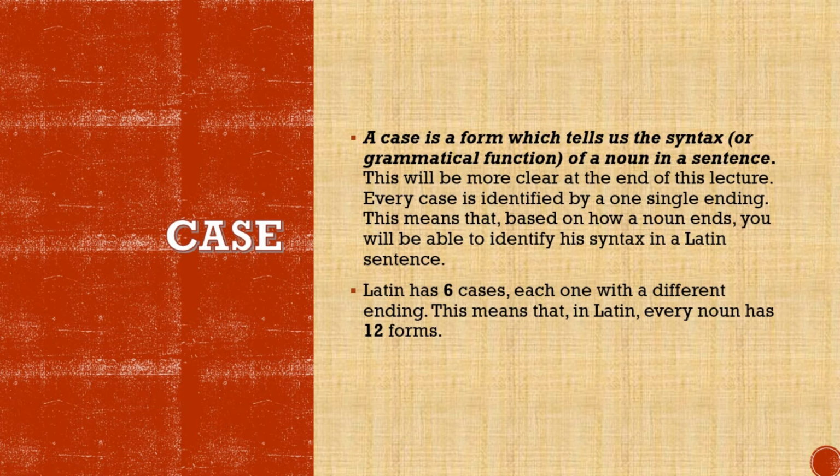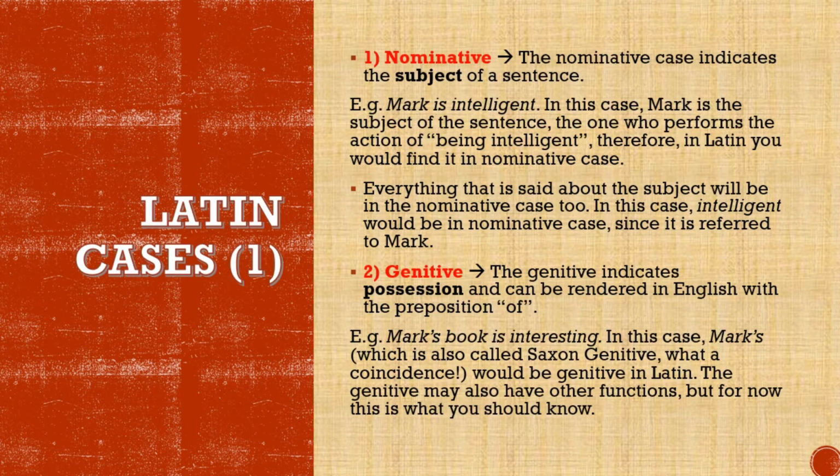Every case, which is a form of a word, is identified by one single ending. So every case will have its peculiar ending. This means that based on how a noun ends, you will be able to identify its syntax in a Latin sentence. How many cases does Latin have? Six. And so this means that for every noun there are 12 forms.